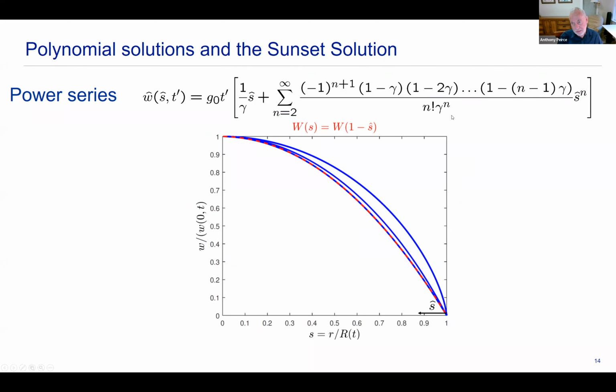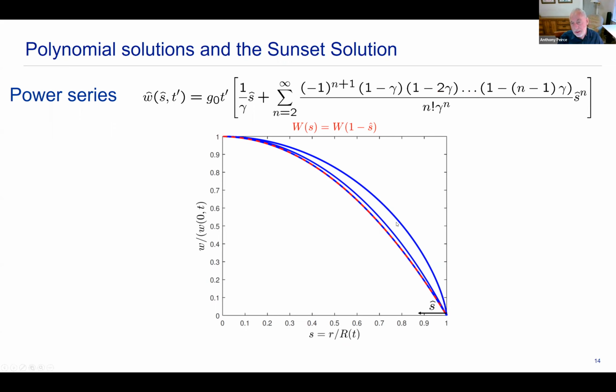Now we've got a solution for this. But for a mathematician, there's some anxiety here, because as S goes to 1, this series doesn't converge. We've got a factorial in the denominator, but also essentially a factorial in the numerator, so if you do a test, the series won't converge at S hat equals 1.